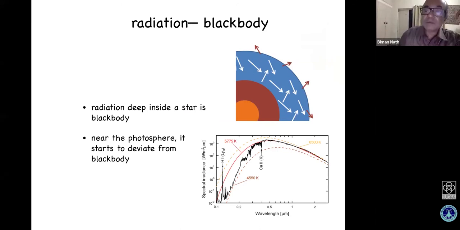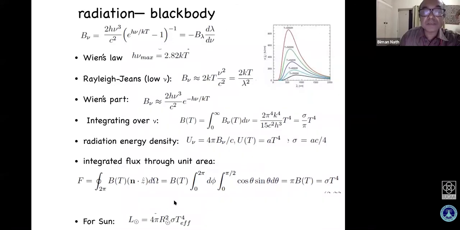And then I can write that if the sun is a spherical star, since this is the energy radiated per unit time per unit area, I'll have to multiply by the surface area, which is 4 pi R solar square, where this is the radius of the sun, which will give us the solar luminosity. Right? We will do that for other stars as well.